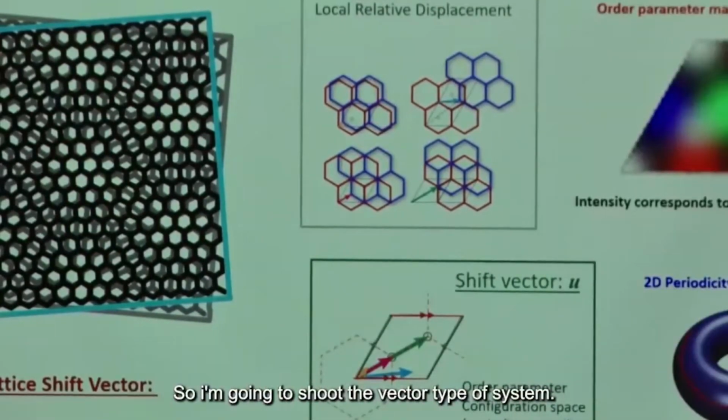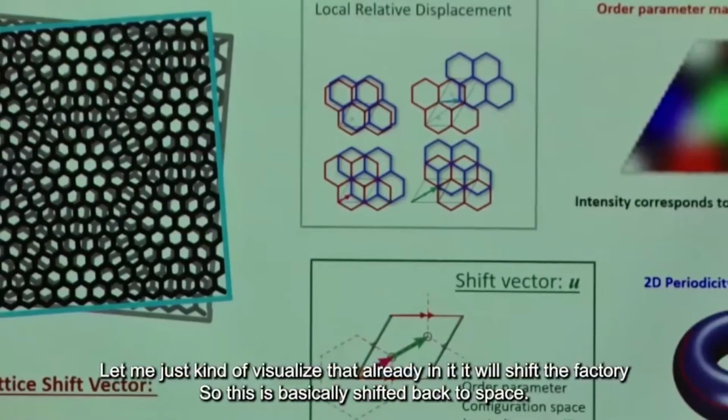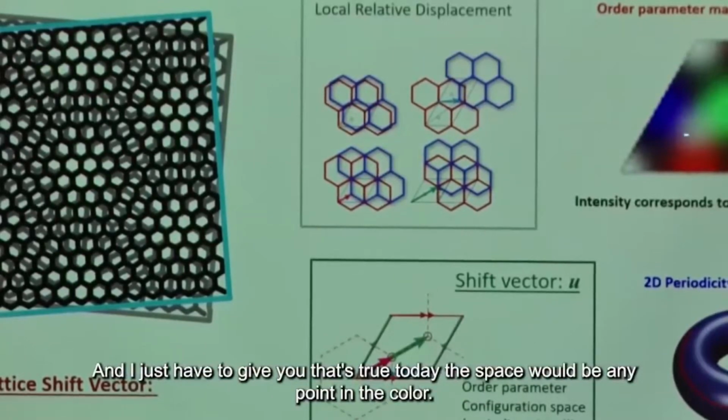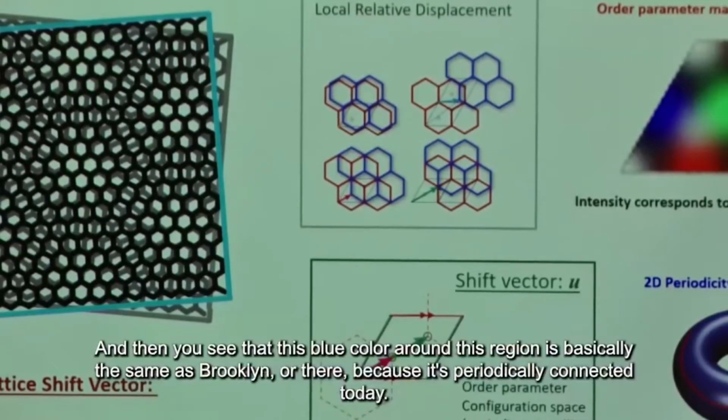Let me visualize that a little bit in terms of color, because of the shift vectors. This is basically the shift vector space. I give any point a color, and you see that the blue color around this region is basically the same as the blue color there, because it's periodically connected from here to there. Again, this is real space, the periodic unit cell of the shift vector.